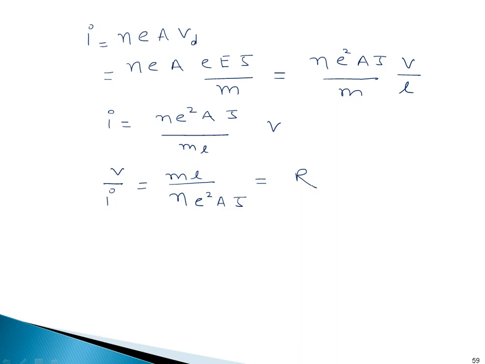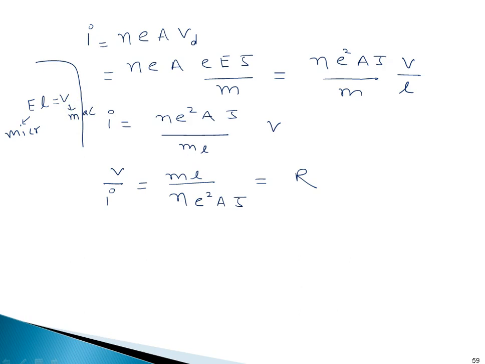Now I will discuss the microscopic and macroscopic forms. If E is multiplied by L, we get the voltage. So voltage is the macroscopic form and electric field is the microscopic form.